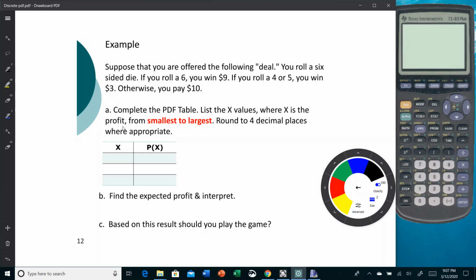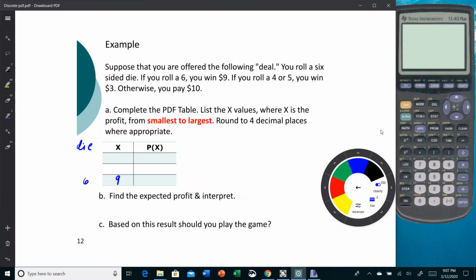And we're going to complete the table for the smallest to largest value of X, where again, X is the profit. So we could think that there's a die, and if you roll a 6, then you win $9, so X is 9.